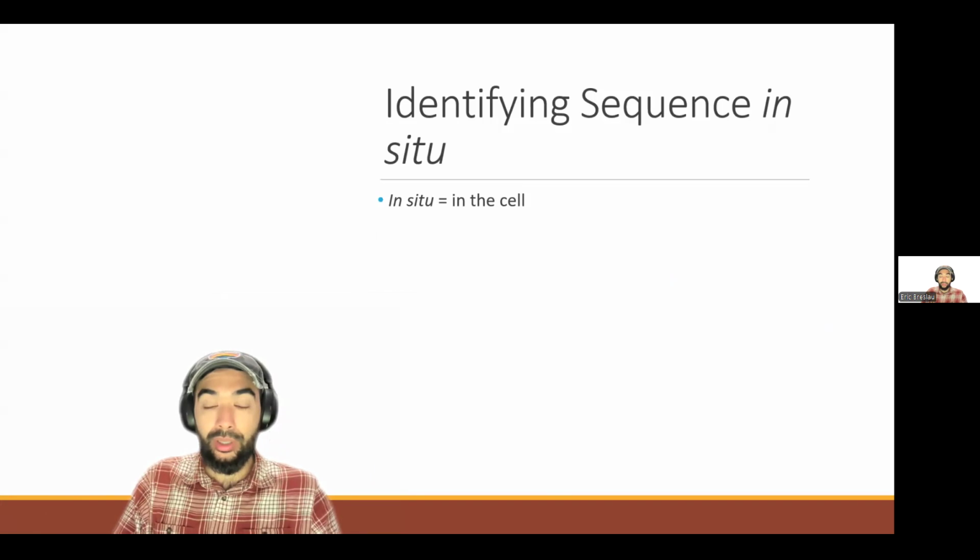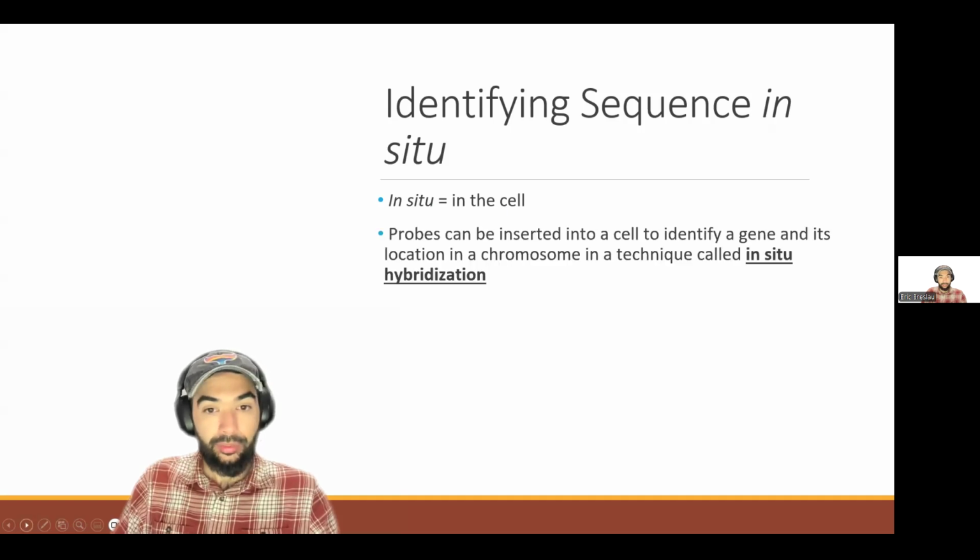In situ is a Latin term meaning inside of the cell, in the sample. So we can put probes into a sample, into a tissue or a cell or an entire organism, and allow those probes to bind with the sequence they are complementary to. We call this in situ hybridization because we're allowing probes to hybridize with the sequence of interest inside of the cell.